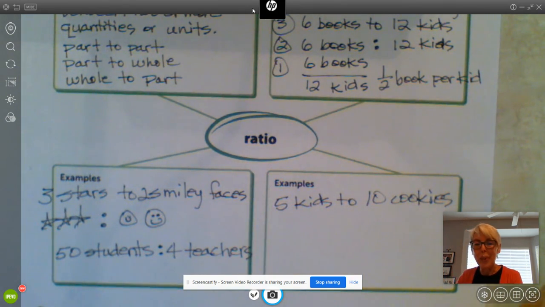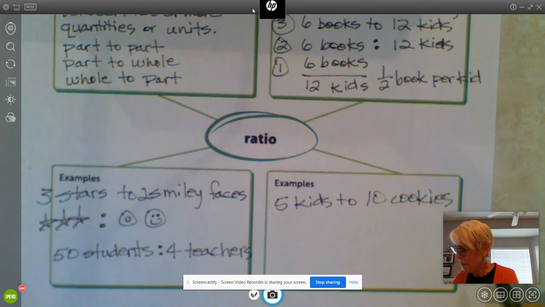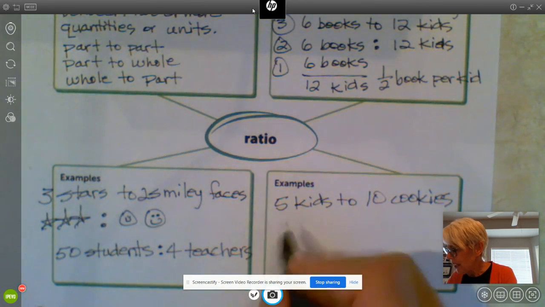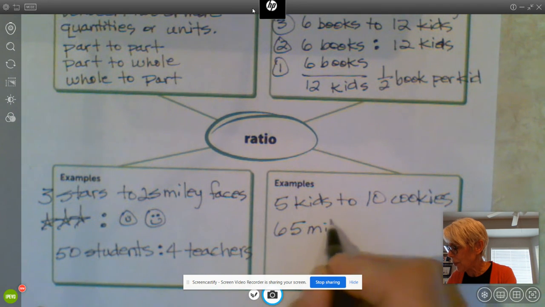What would be our unit rate? How many cookies would one kid get if everybody gets an equal amount? Oh, that's making me hungry. We can also have it look like this, 65 miles per hour.